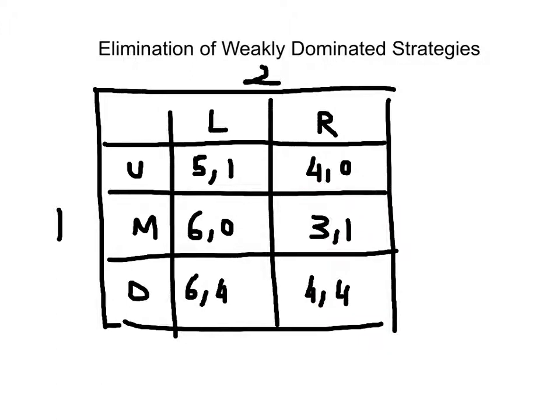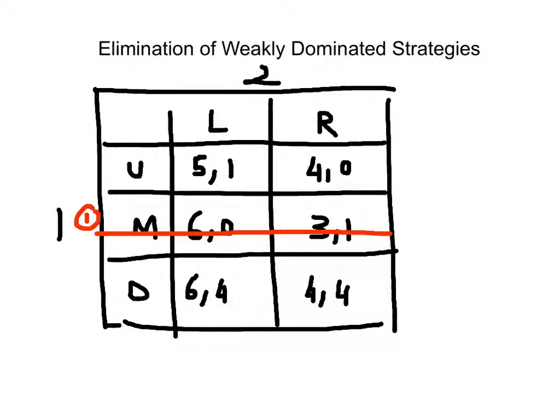Now, the order of deletion or the order of elimination is actually relevant and will determine different outcomes for the game. So if I first delete M, for instance, I find that player 2 has a weakly dominated strategy R, right? 0 is less than 1, but 4 is the same as 4.